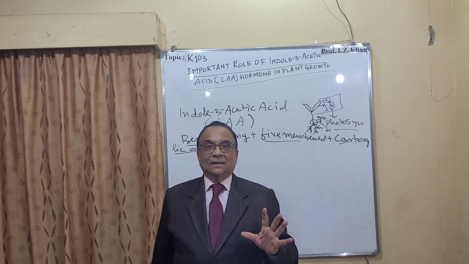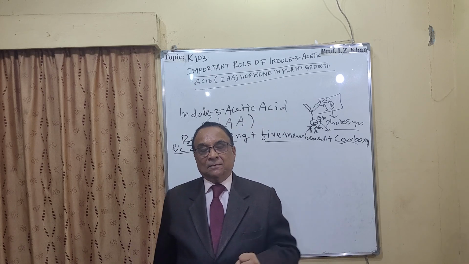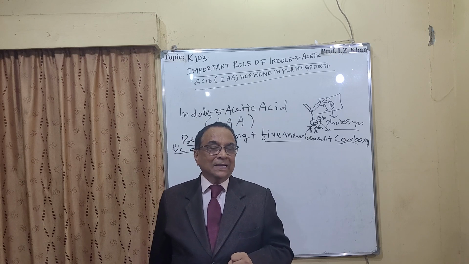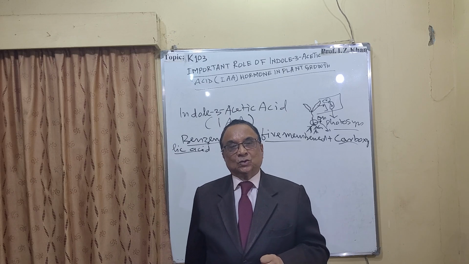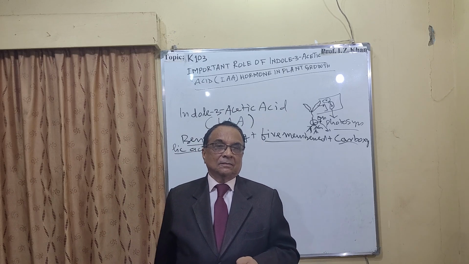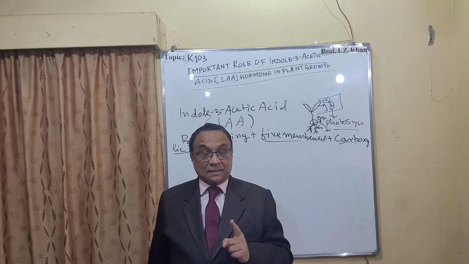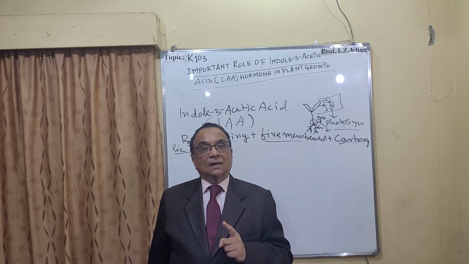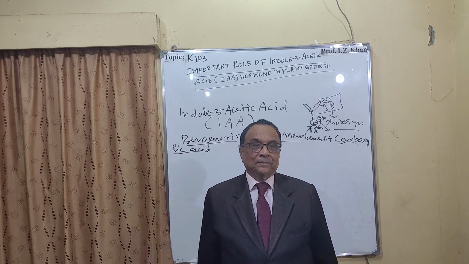And to prepare a 10 ppm solution, you dissolve 2 gram of powder of IAA in 200 liter of water, and then you just spray it in liquid form.